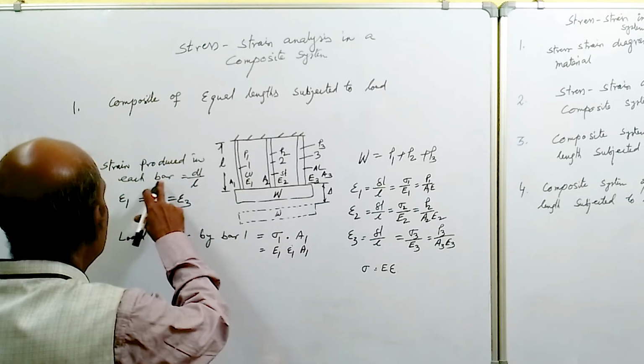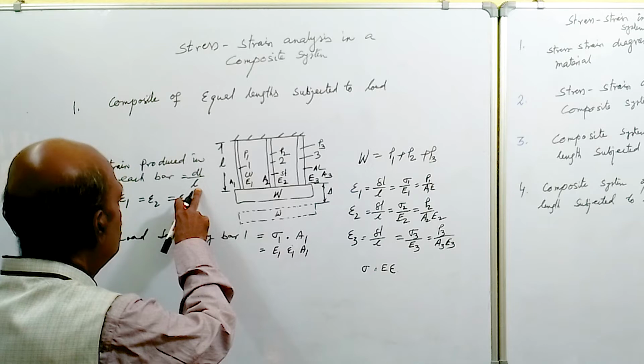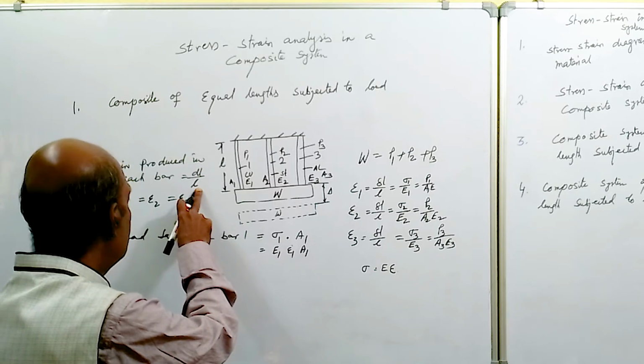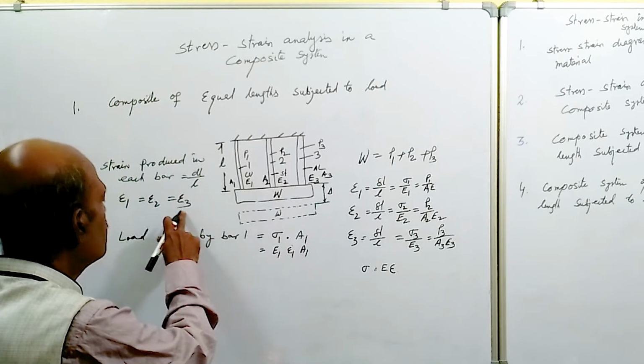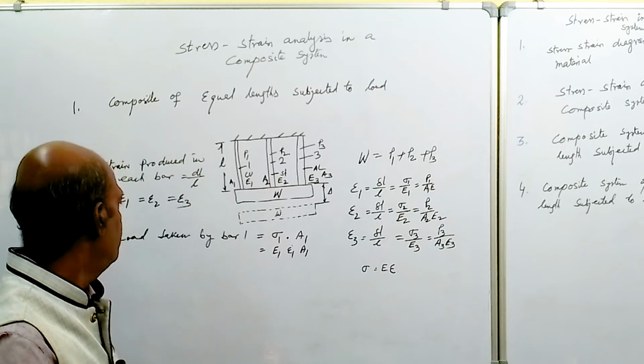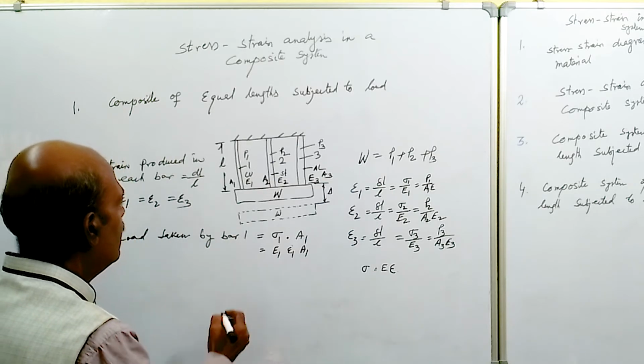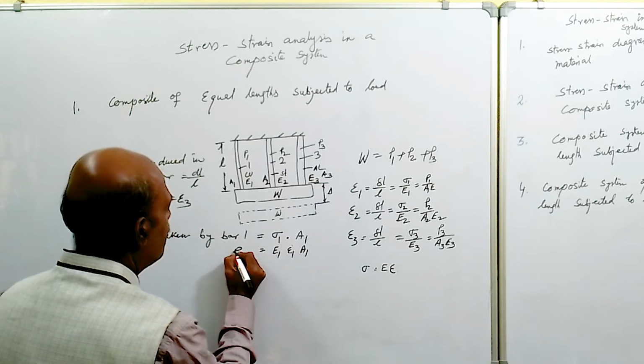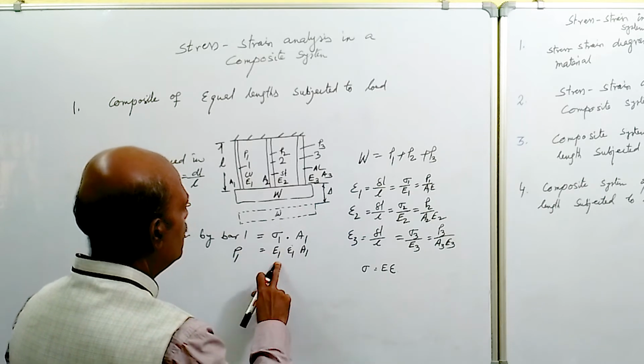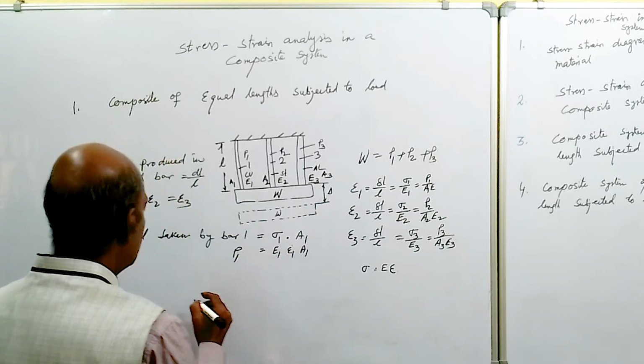Epsilon 1 is equal to dl by L, because epsilon 1, epsilon 2, epsilon 3 in all the bars are same. So load taken by first bar is P1 is equal to E1 into epsilon 1 into A1.